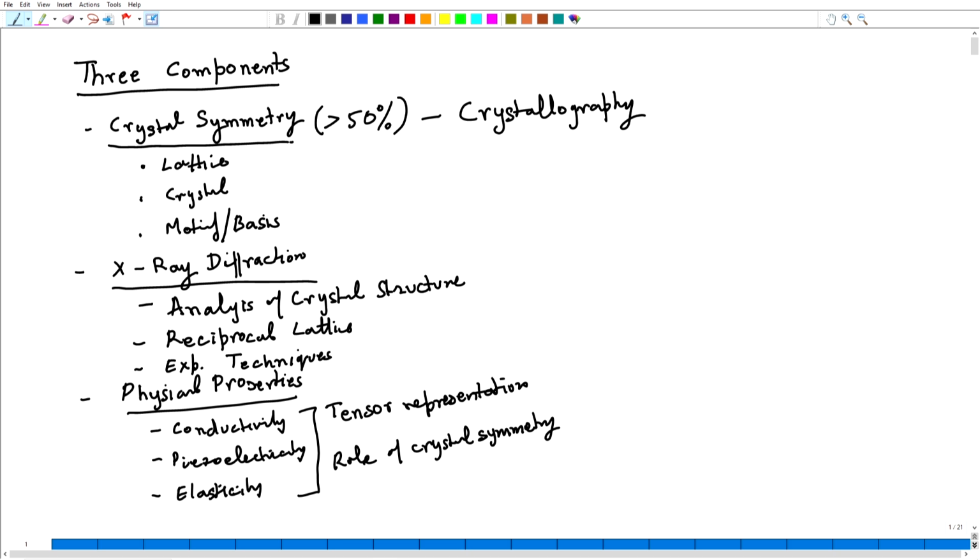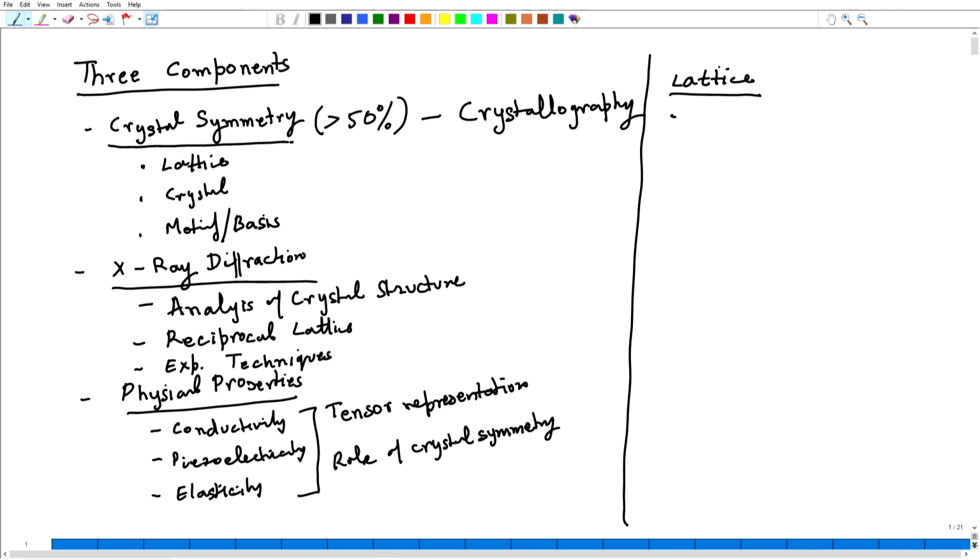For instance, let us consider first the lattice. So, if I were to say lattice, what is a lattice? Lattice is basically some kind of an arrangement of points.